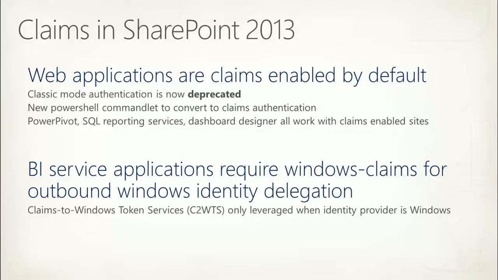The reason for that will be covered in a few slides, but the takeaway is, when you're thinking about using SAML or Windows Claims, those are typically the two most common choices. For BI, you really want to look at Windows Claims as the preferred option.